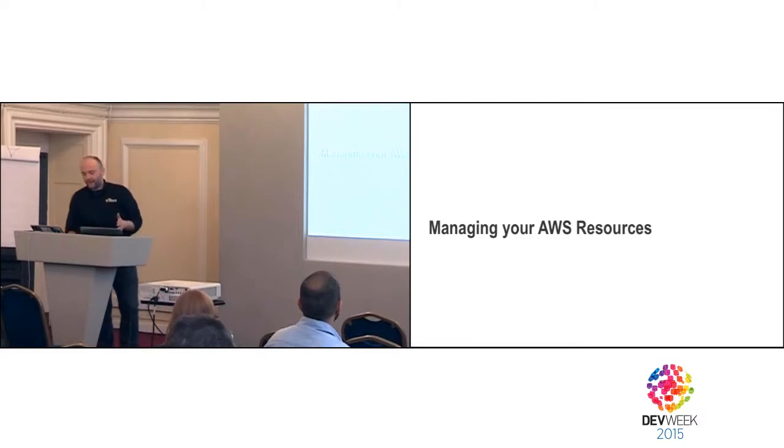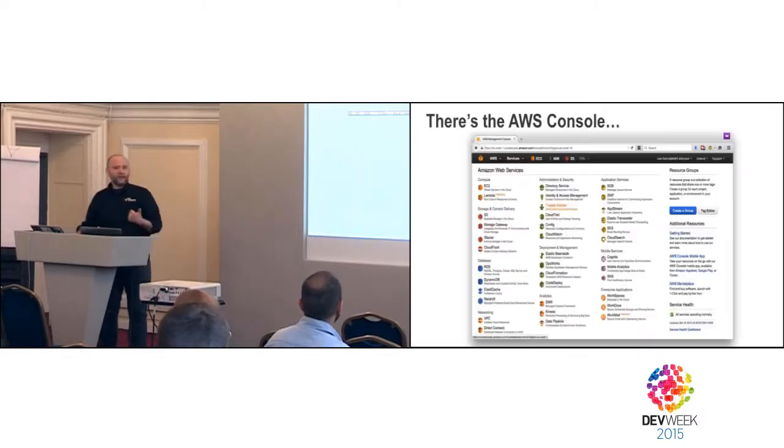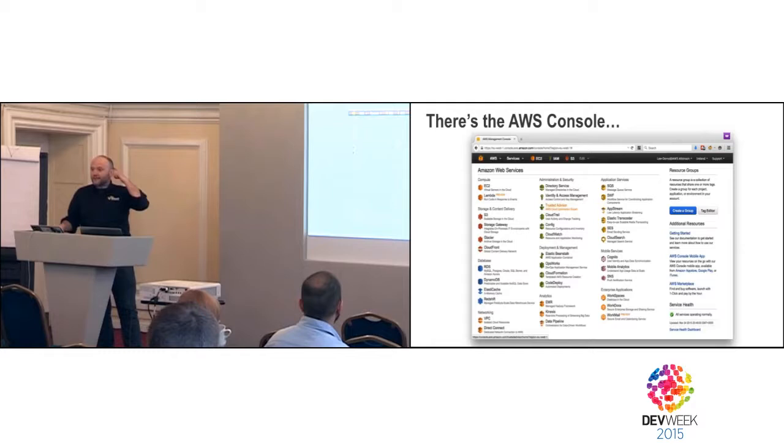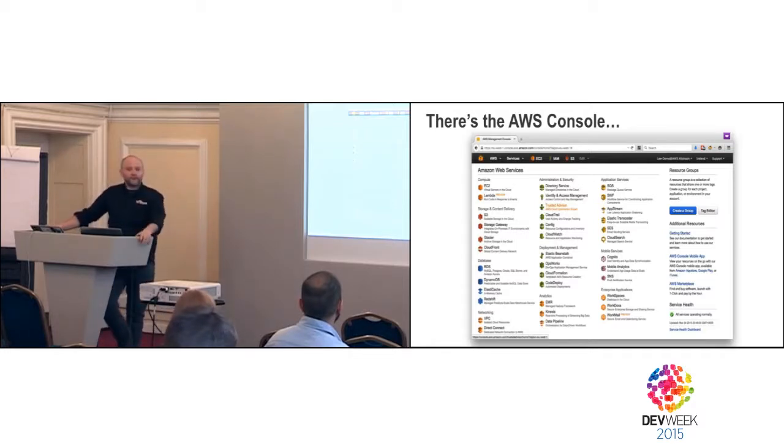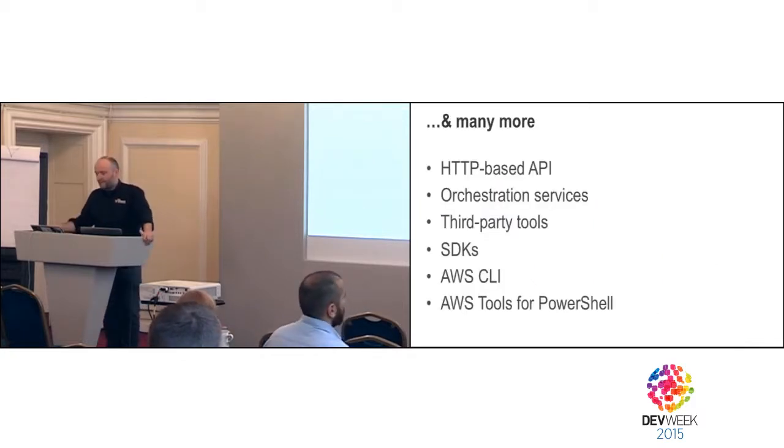We're going to move on to talking about managing AWS resources. So probably the first one that most customers get to use is the web console. This is a web-based console that you can manage your AWS resources for your account in. But there's many more different ways of interacting with our services. There is the HTTP-based API, and in fact, all other methods of controlling our resources are based on that API.